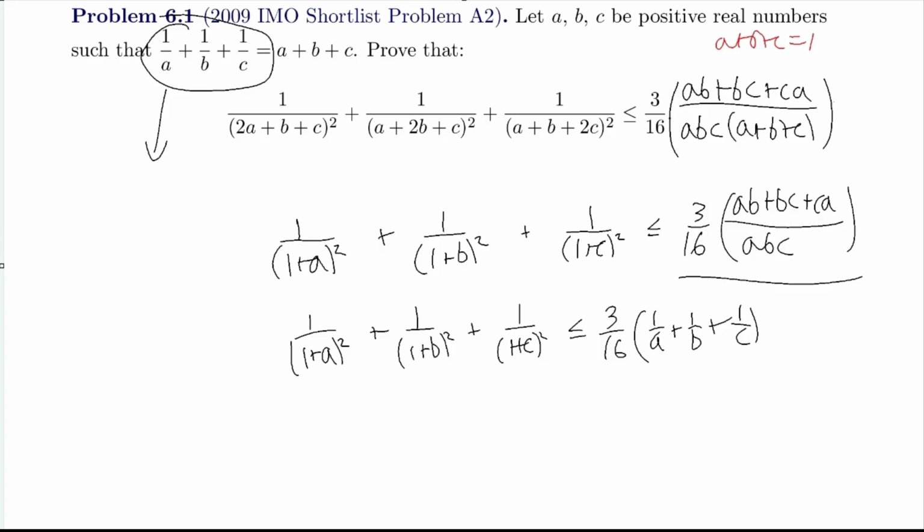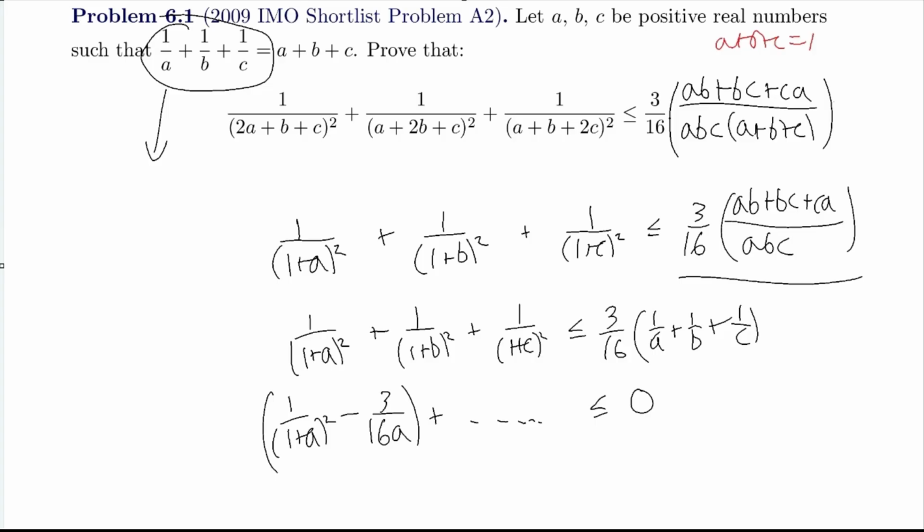Now, here's the key idea. We're going to try moving everything to one side, because everything is in terms of a over here and in terms of a over here. So it's like we have a function for a. When we do that, we get 1 over 1 plus a squared minus 3 over 16a plus so on and so forth, similarly for b and c, is less than or equal to 0.